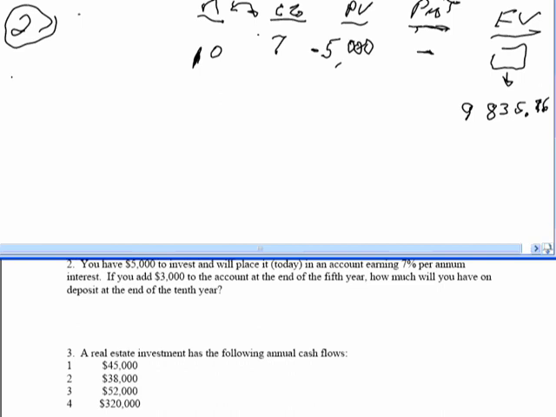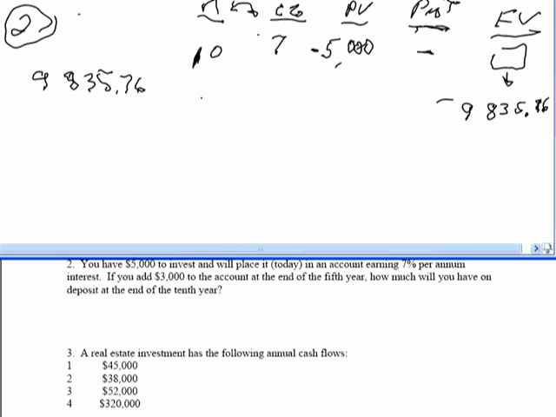Okay, so I'm going to put that over here, $9,835.76. And that's the first component of this problem. You have 5,000 to invest, and we'll place it today in an account earning 7% per annum interest.